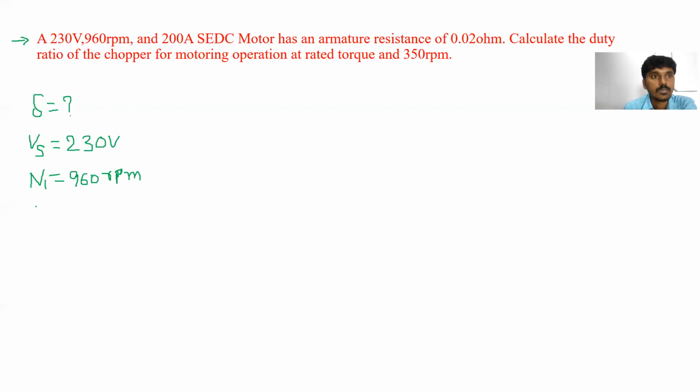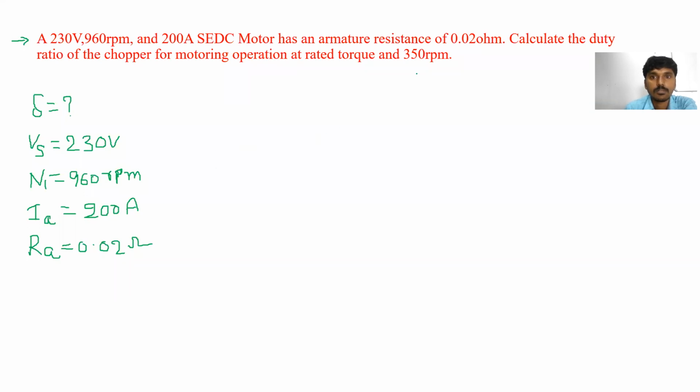Next, IA is equal to 200 amperes, and armature resistance RA is equal to 0.02 ohms.